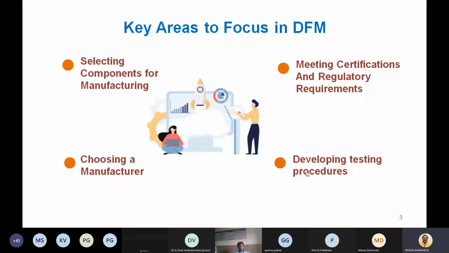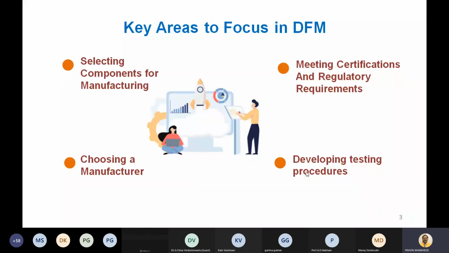So the most basic consideration is whether your manufacturer is overseas or onshore. What it actually means is that, as you know, most of the components we get are from China, Taiwan and other manufacturing industries. From India, if you try to buy the same type of components, generally they get costly.